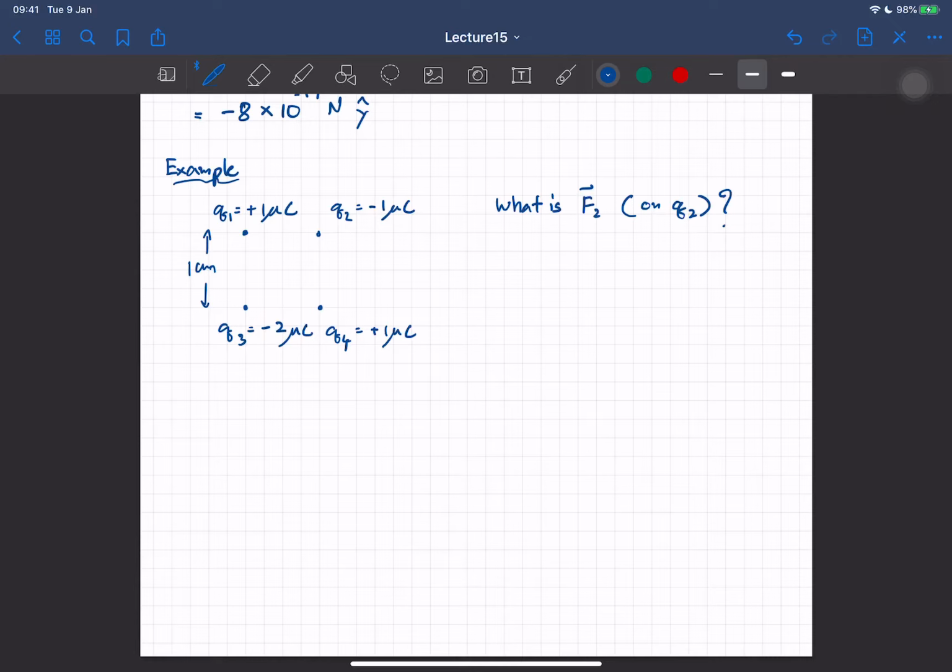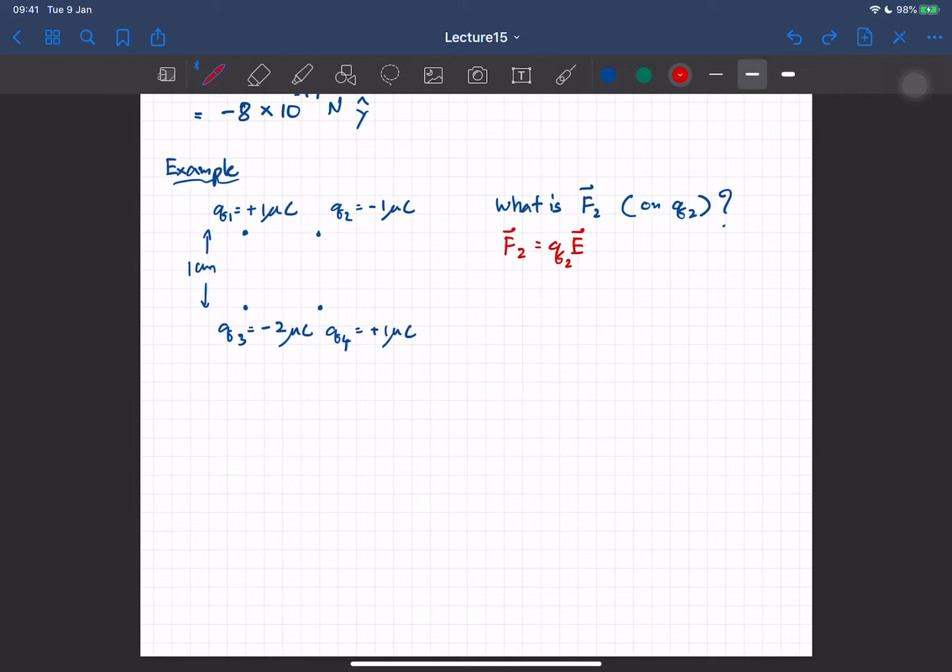So let's ask first, what do we need? We want to know the force on Q2. So according to F2 equal to Q times E, Q2 times E, what we need is Q2, that's given. We also need electric field at the location of Q2. So how do we calculate that? Well, the electric field at the location of Q2 comes from three other charges, Q1, Q3, and Q4.